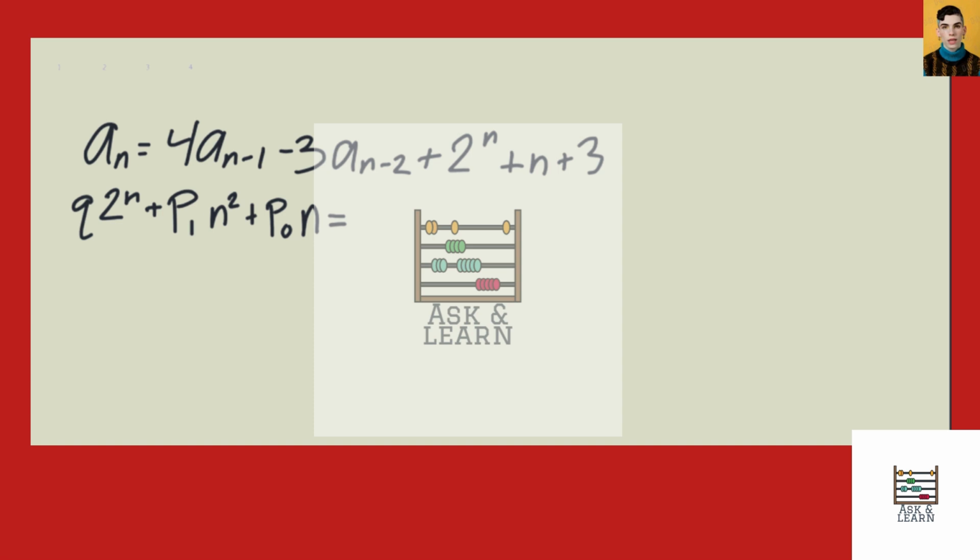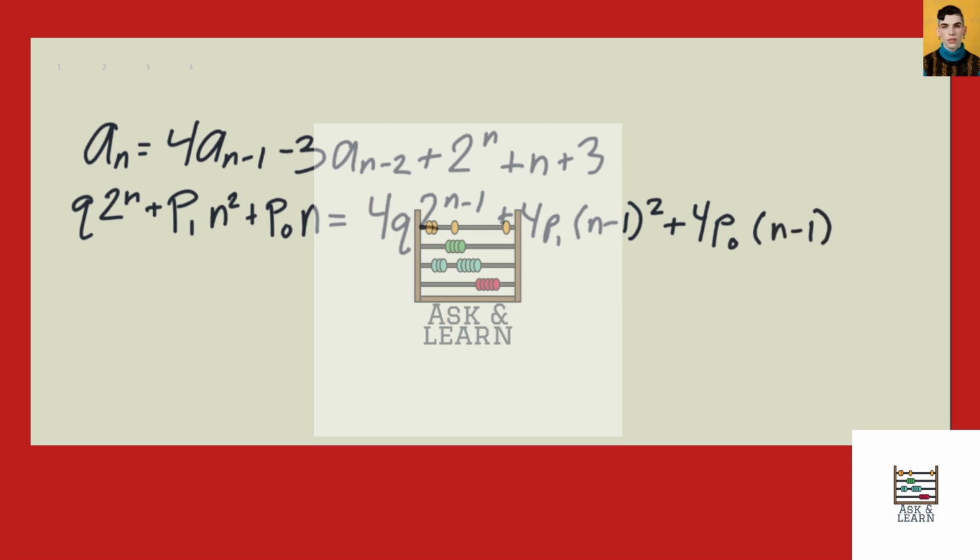is equal to, and we can rewrite the right-hand side as well a little bit. So it's going to be equal to 4 times q times 2 to the power of n minus 1 plus 4 times p1 times (n minus 1) squared plus 4 times p naught times (n minus 1), right?